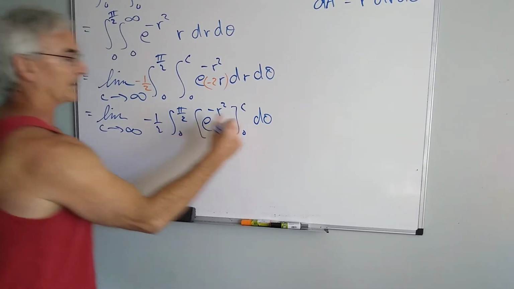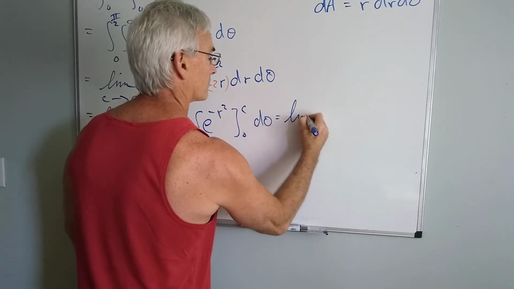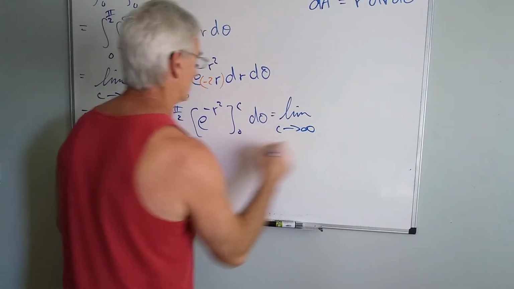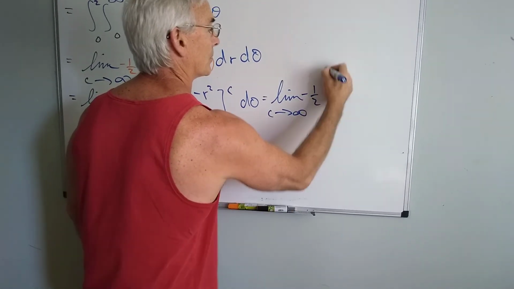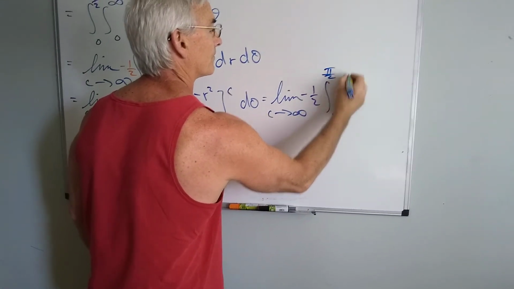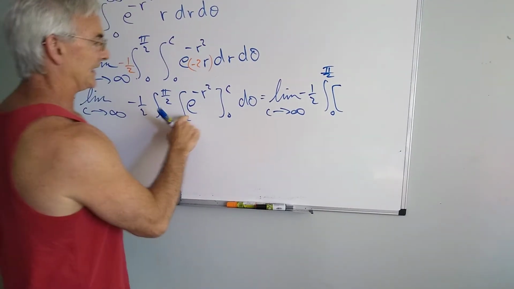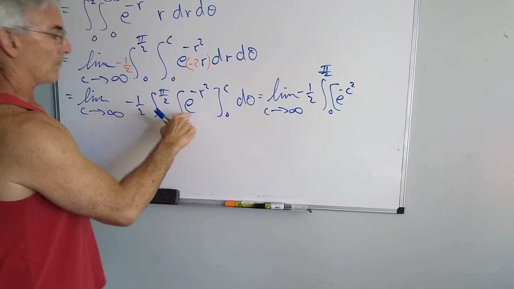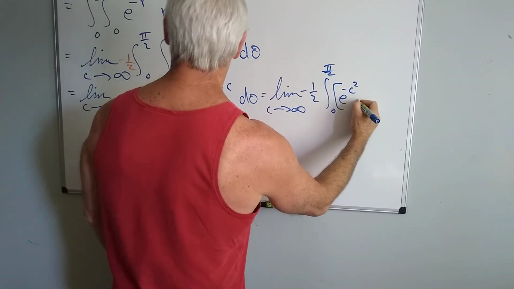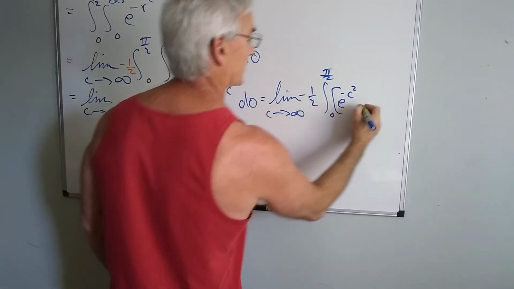Now when I evaluate this, same as before, I have negative 1/2, 0 to pi over 2. But now my integrand will be e to the negative c squared minus e to the 0, which is just 1.